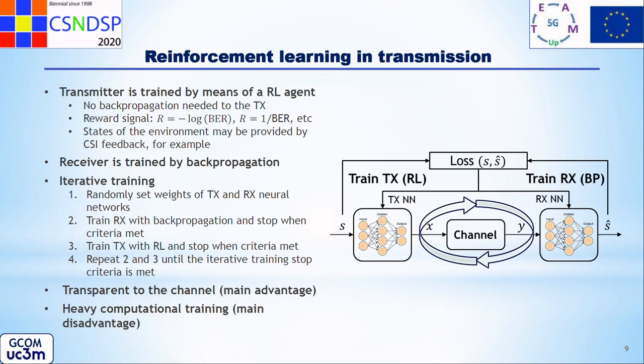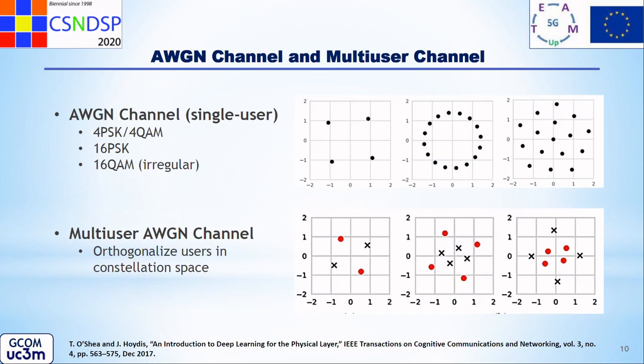This approach benefits from the fact that it is transparent to the channel, but on the other hand, it consumes more computational resources and more time than the other two approaches. Here, I'm going to show the first example of the results obtained with these methods, when we train over an AWGN channel.